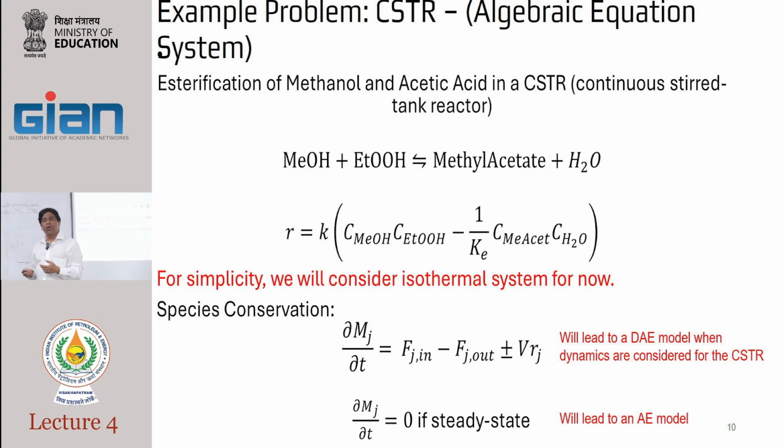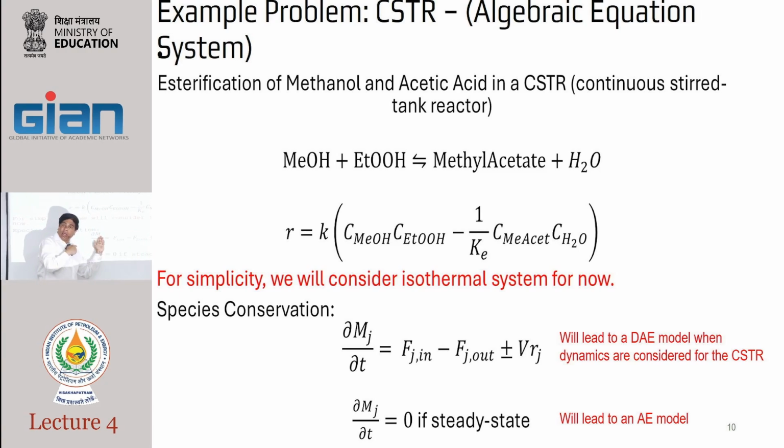It depends on which species we are writing, what J is, whether this one or this one; depending on that, the sign will change, plus or minus. If I set the derivative equal to 0, this is steady state, and this becomes an algebraic equation model. So this becomes only this.